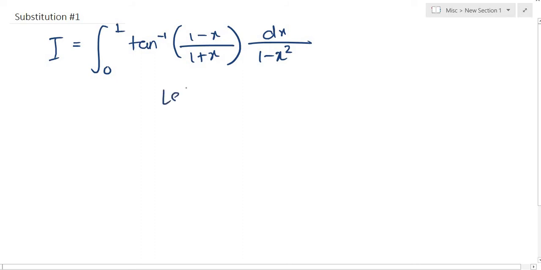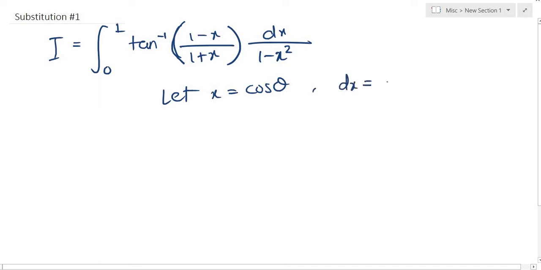And then I said let x equal the cosine of theta, because if you remember the identities I showed you on the cosine a few minutes ago, we have those conditions in the numerator and the denominator of the argument, and 1 minus cosine squared theta is nothing but sine squared theta. So we can use those powerful facts together.